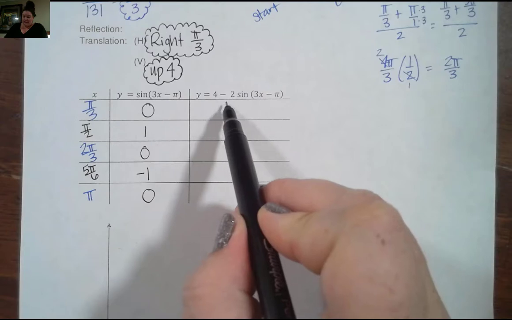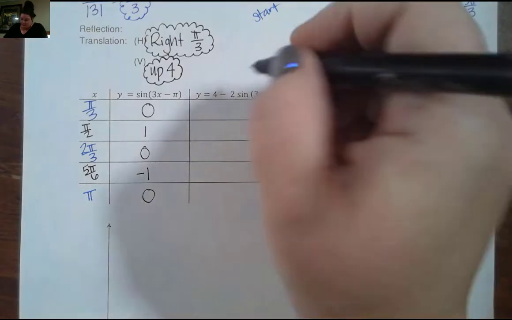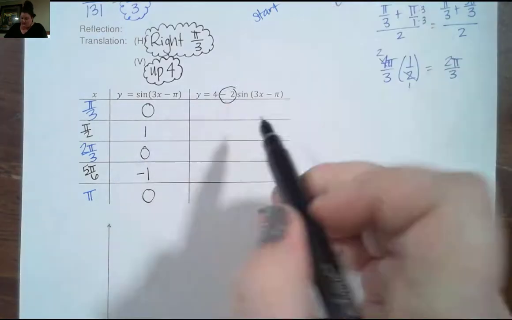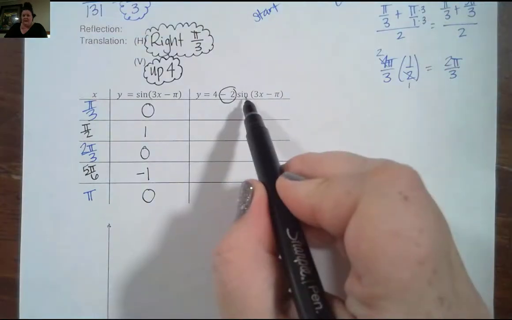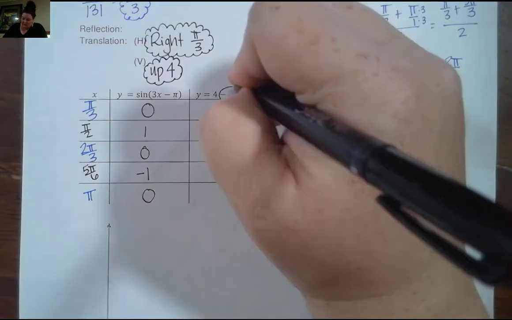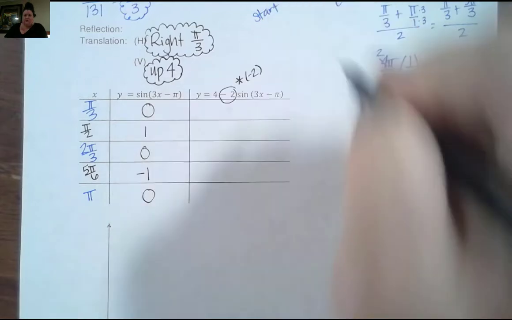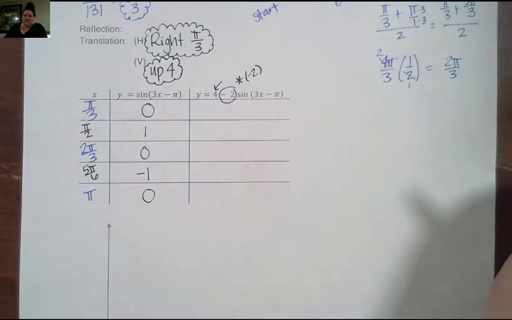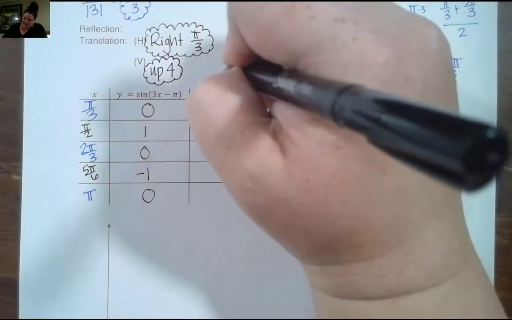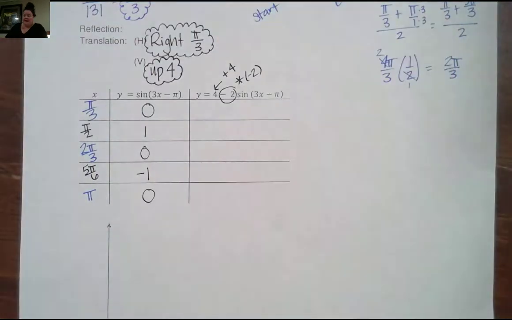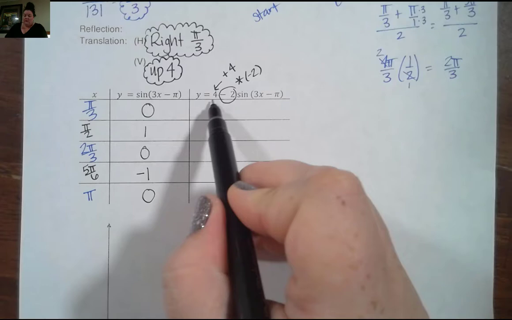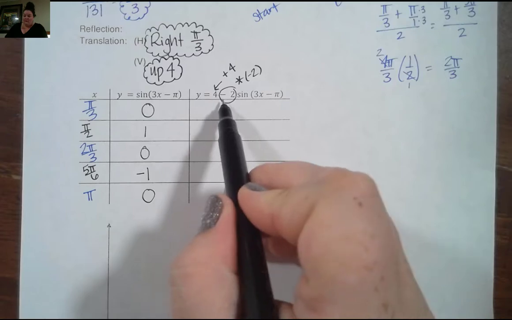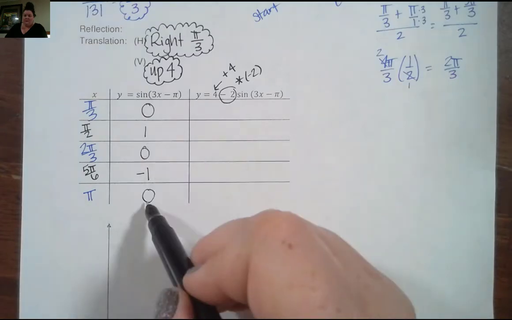Notice here, I have the -2 that's attached to my sine, okay? That means I'm multiplying by -2, right? And then I have this 4 out front, which means I'm adding 4. So I have to do both operations to my y values, okay?